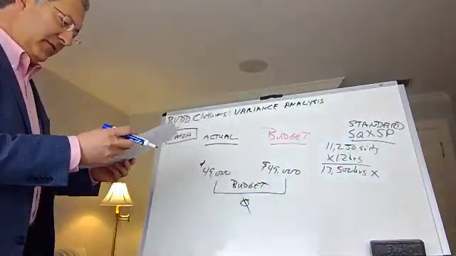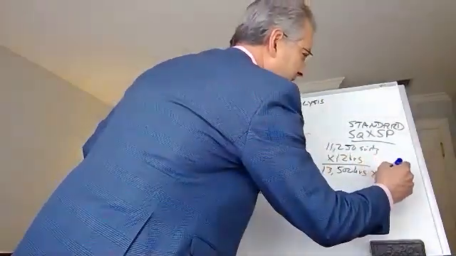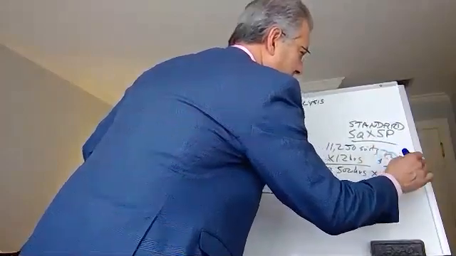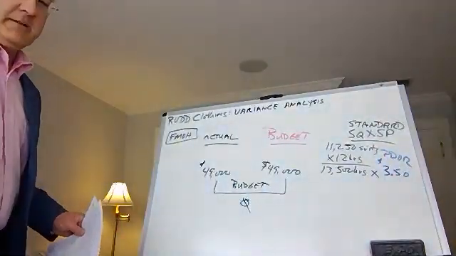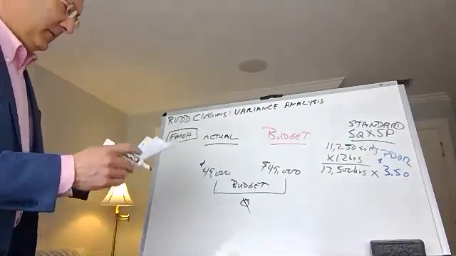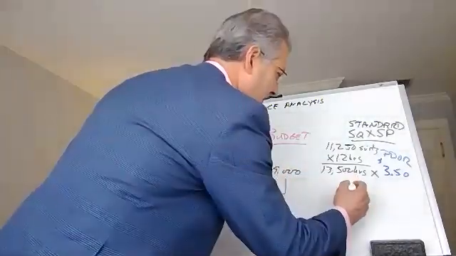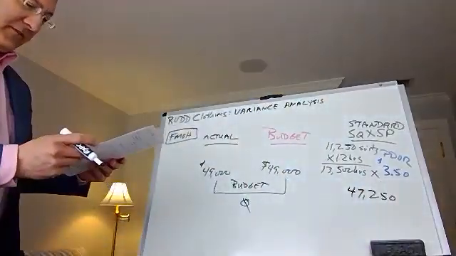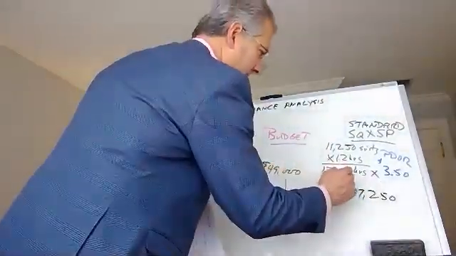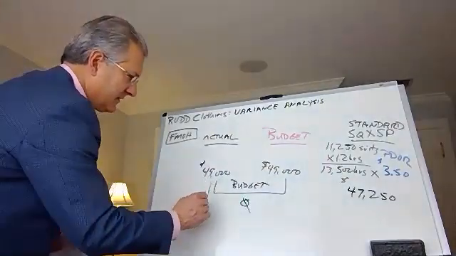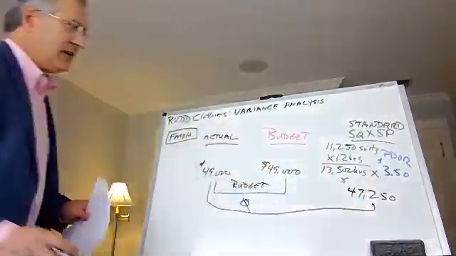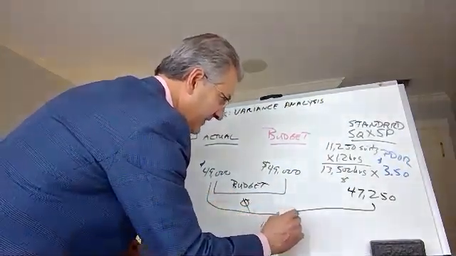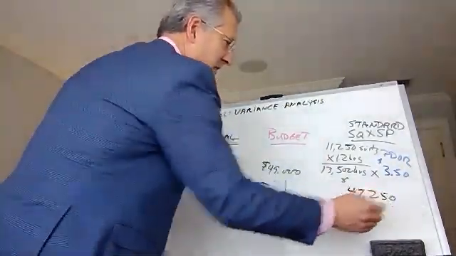The standard price is $3.50. That's the predetermined overhead rate for fixed overhead. They should have spent $47,250. They actually spent $49,000. The overall variance is $1,750 unfavorable.